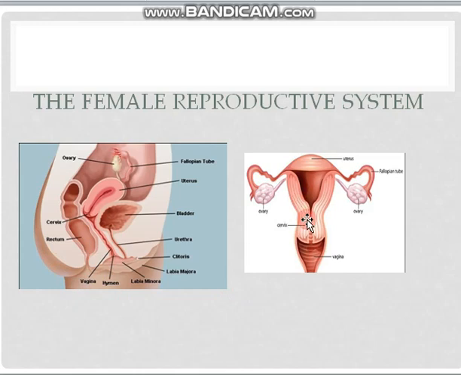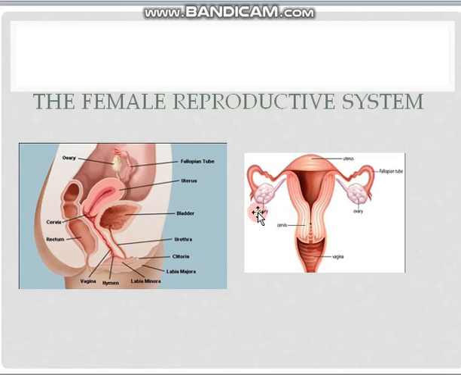Okay, so the other side also shows the vagina, the ovaries, the fallopian tube, the uterus, the ovary, and the cervix. So we will proceed to look at the various parts and their functions.